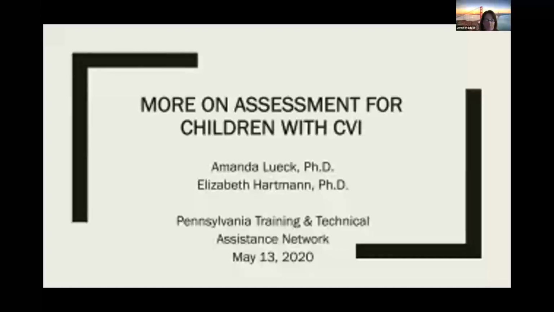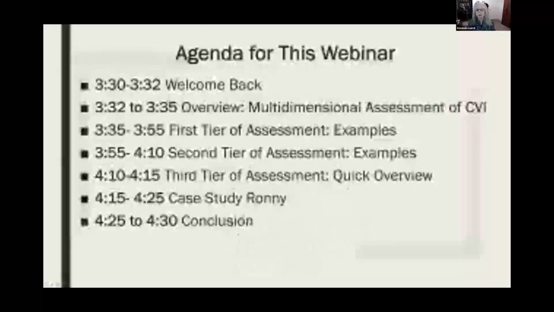Thank you so much. I'd like to welcome everybody to this session. And this session is, as we promised, more on assessment for children with CVI. And here's the agenda for this session. We've done the welcoming.